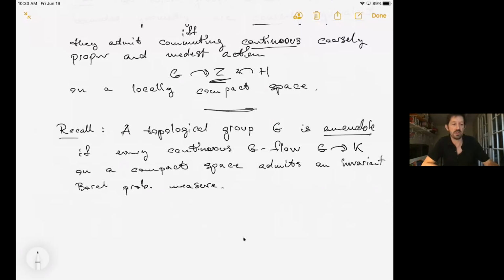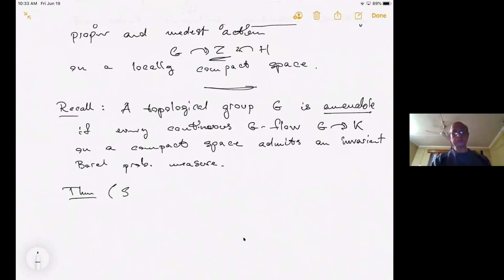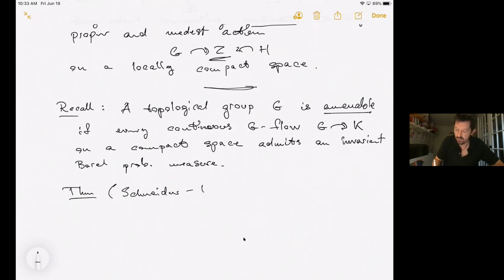But there were no such criteria for more general topological groups. So I'll prove at least a part of the following result due to Schneider and Thom, which appeared a couple of years ago.